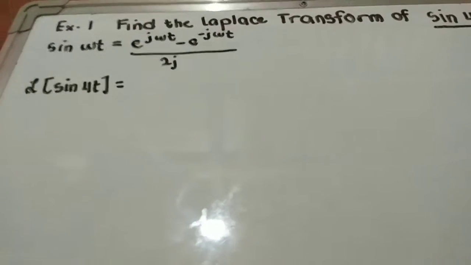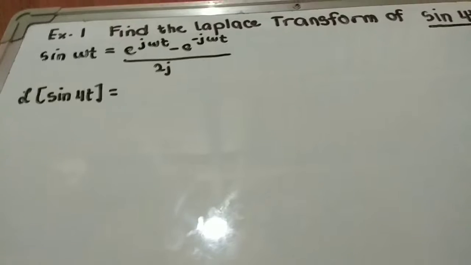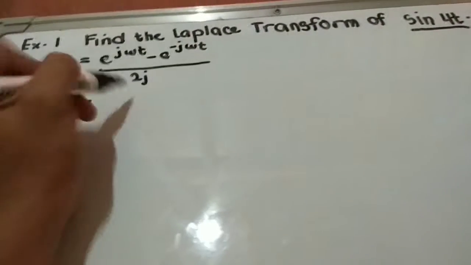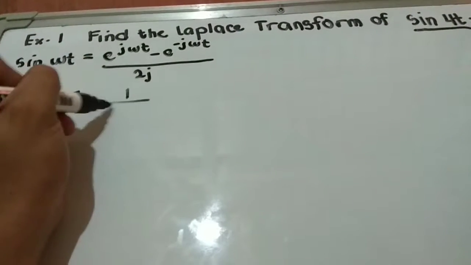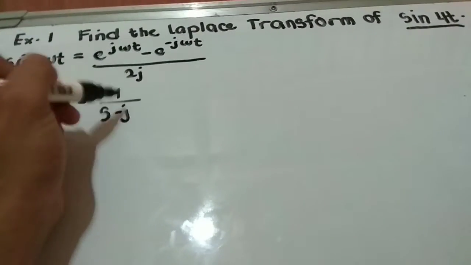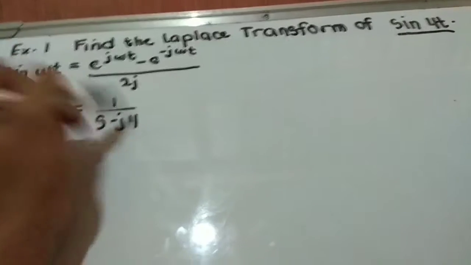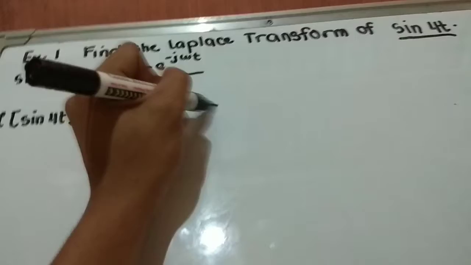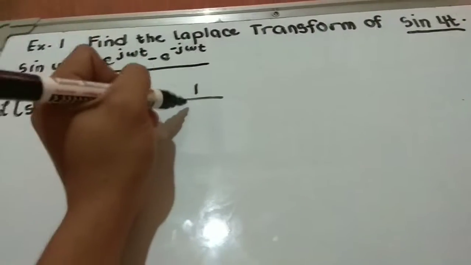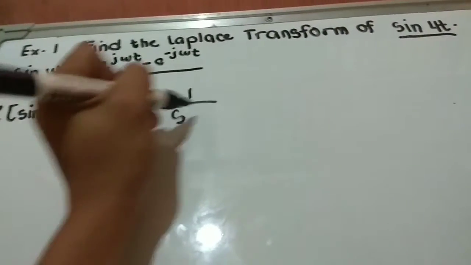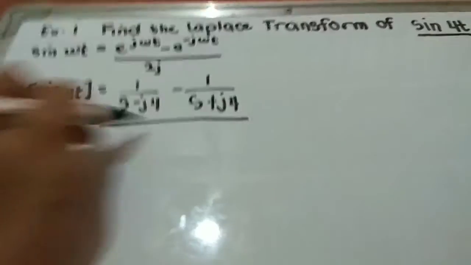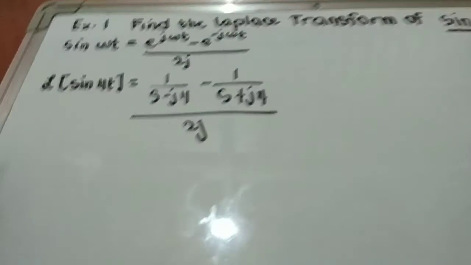Using Euler's equation, the Laplace of sine 4t is equal to the Laplace of e to the power of j omega t, 1 over s minus j4, minus the Laplace of e to the power of negative j omega t, 1 over s plus j4, all over 2j.